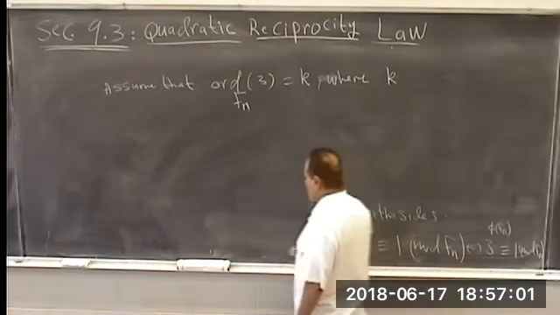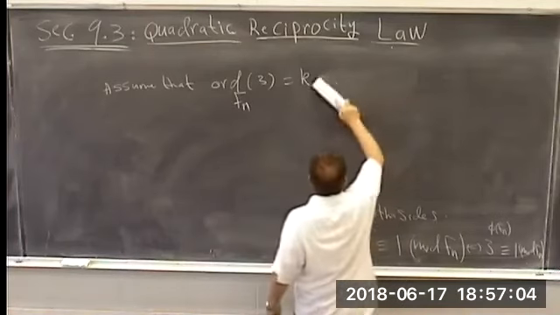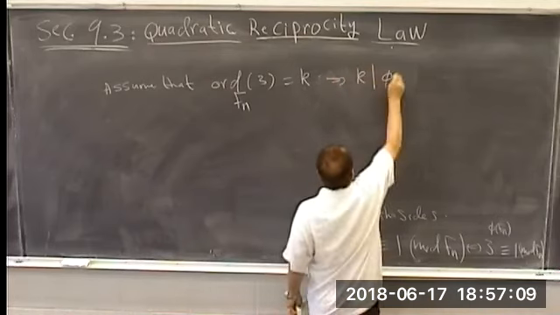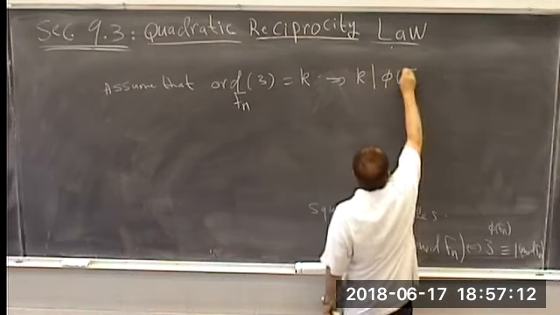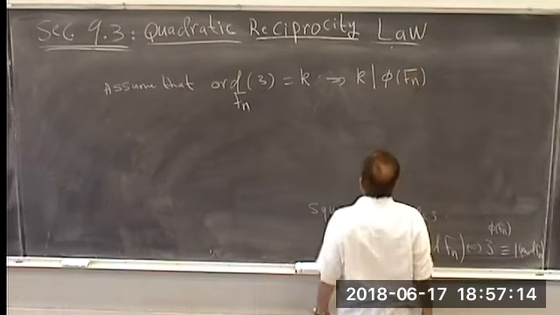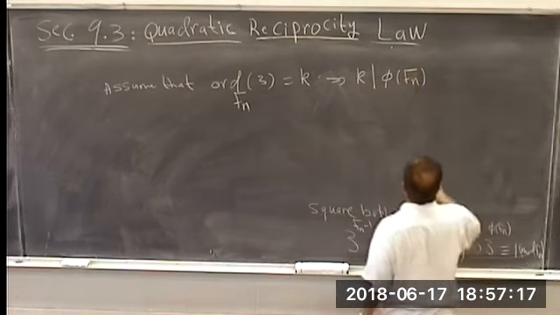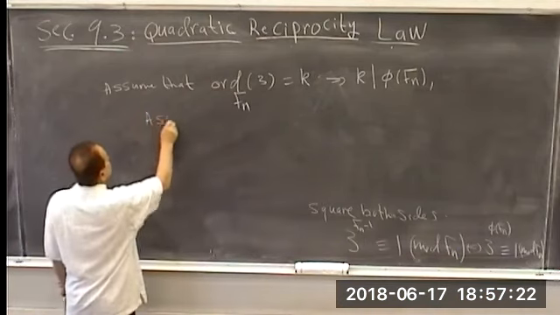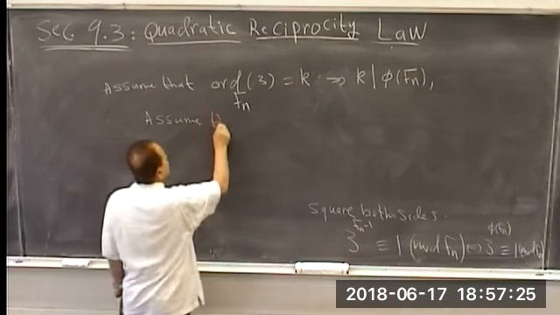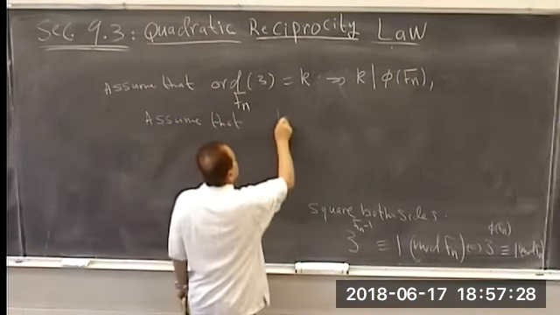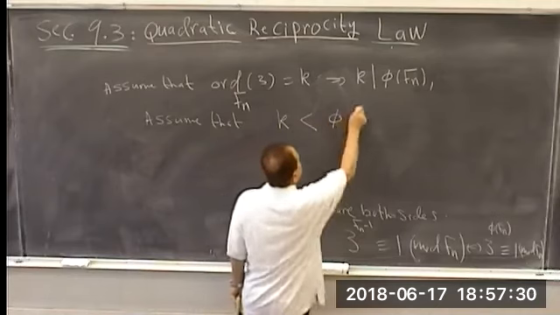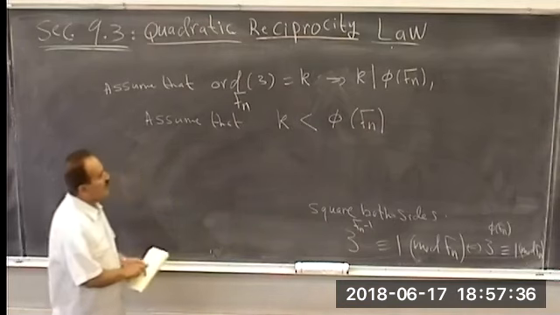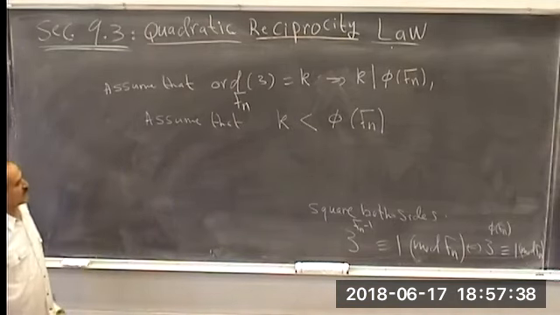This implies k divides phi of Fn. And I want to assume it's actually a proper divisor, so we can assume that k is smaller than phi of Fn. So this is going to lead to a contradiction, of course. You're going to see that k must actually equal phi of Fn.